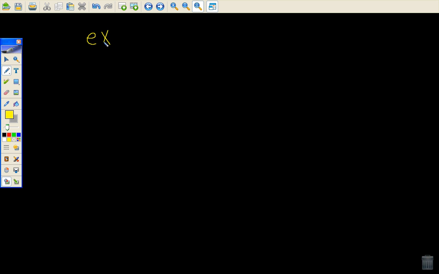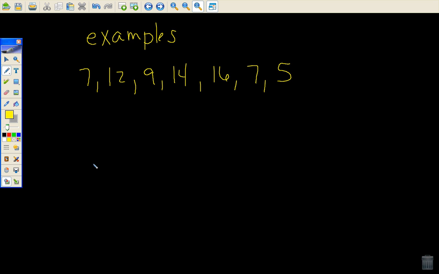Let's do some examples now. Let's say I had this data set. The first thing we said we were going to do is we're going to put it in order from least to greatest. So we're going to go through here, and I mark off as I use them.